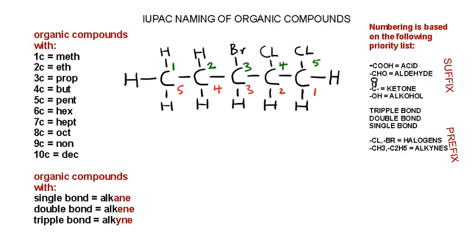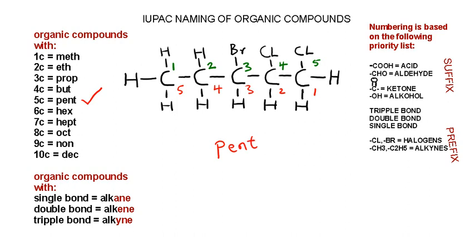Since we have identified 5 carbon, it is called pent. Please always have that in mind. It is called what? Pent. 5 carbon, pent. Therefore, let us write pent out as the base or the parent name, pent.